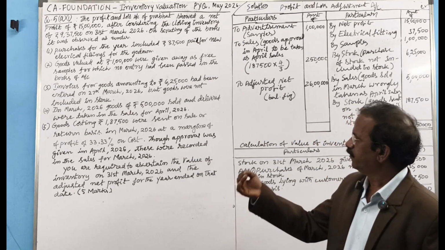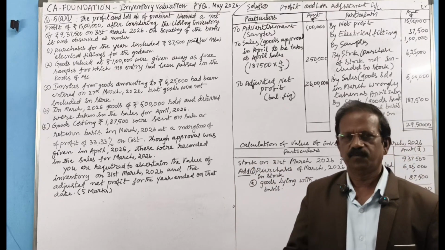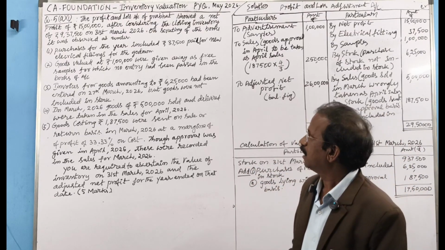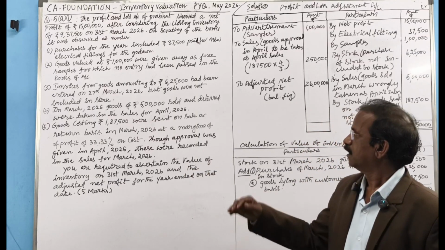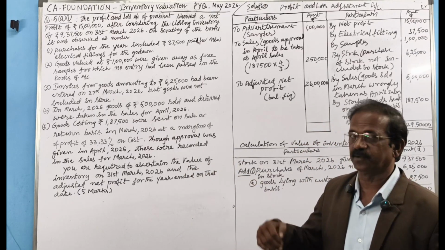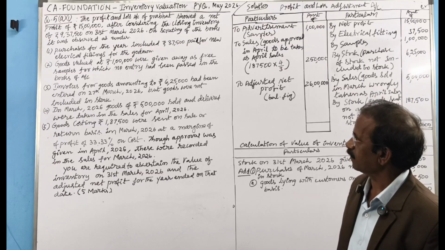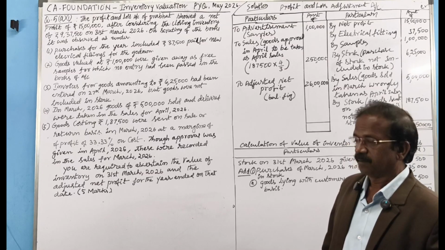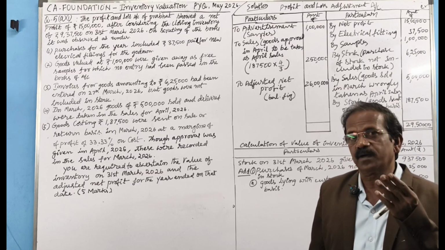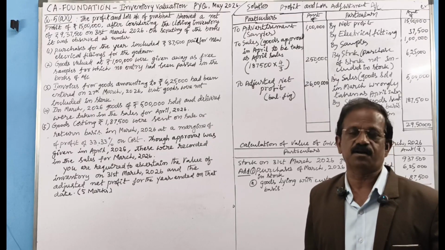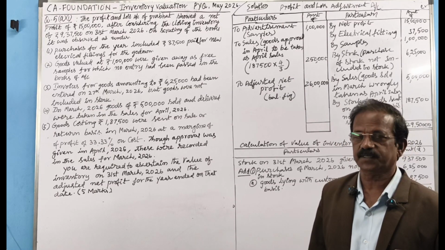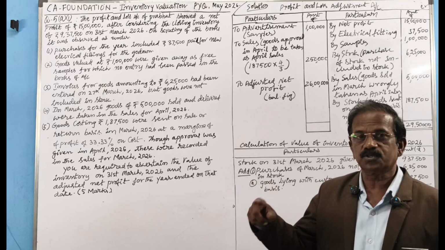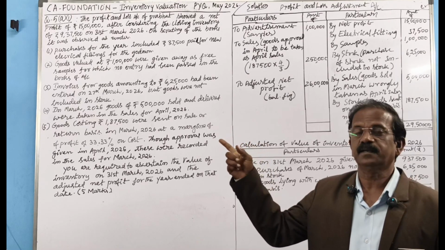It means we purchased goods, we received invoices on 27th March. The goods have not yet been included, but these goods have been already included in the purchases account because the invoice came before 31st March. The goods might have been in transit.